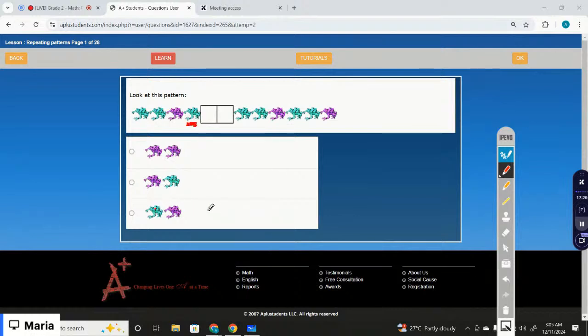That means one blue and one purple frog is missing. So the correct option is option number 3. Got it? The correct option is option number 3, that is one blue and one purple frog is missing.